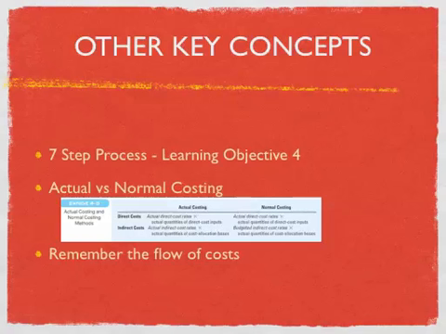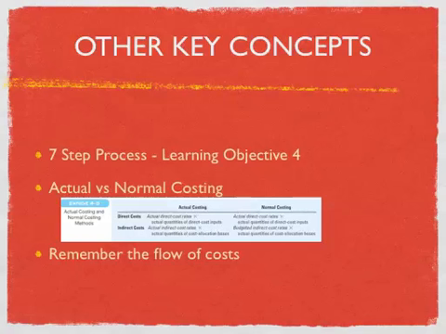So step 3 then is to select the cost allocation base. So how will we actually allocate our indirect costs is what this means. Because these costs cannot be traced to the job, they have to be allocated in some kind of systematic manner. Identify the indirect costs associated with each cost allocation base is step 4.